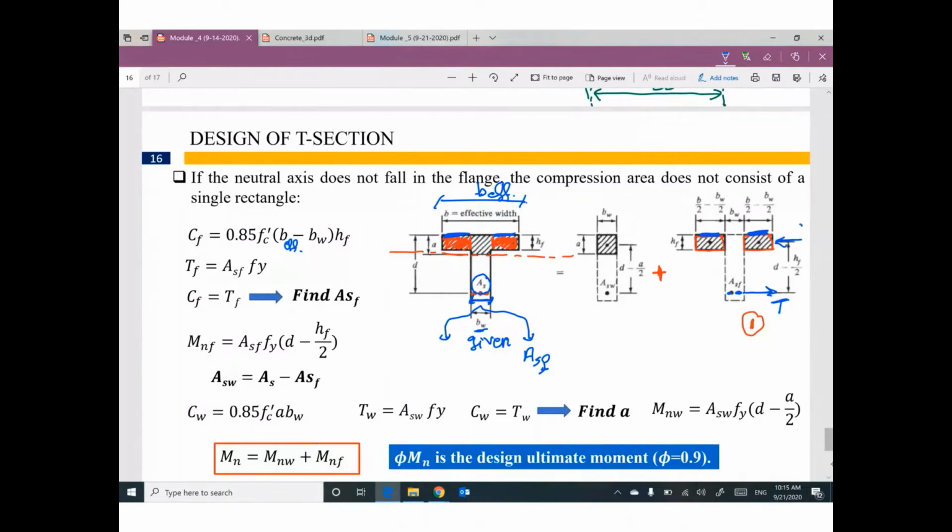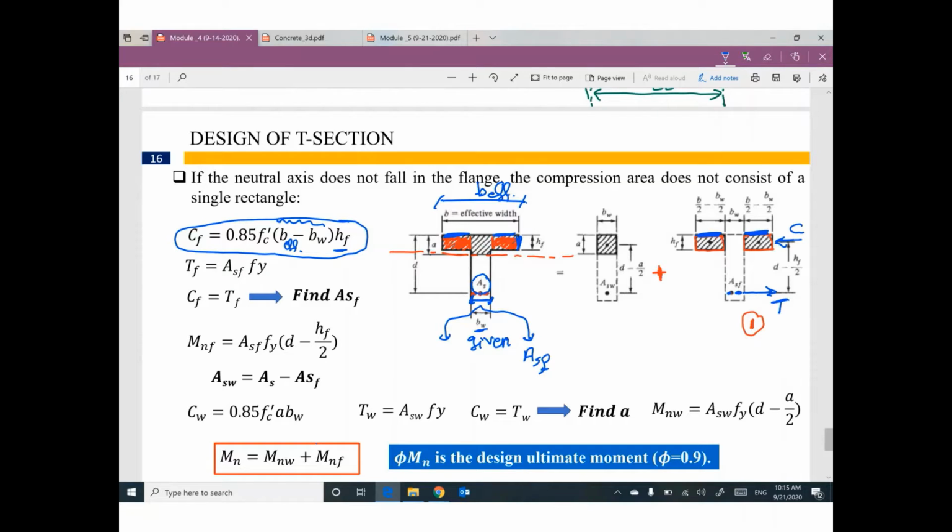This compression force equal 0.85 f'c, the width times the thickness, this thickness. And which width? This one plus this one. So it will be B effective minus B web. I can figure out the value of this compressive force because everything is known.